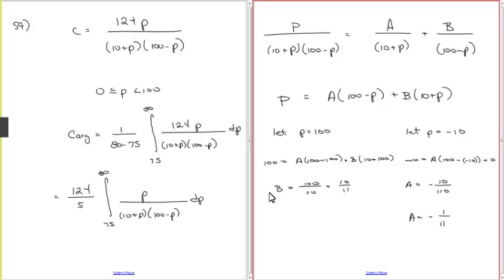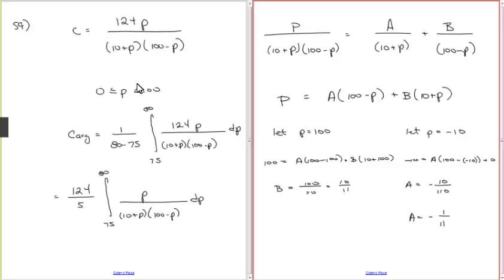We could solve for B. B was 10/11ths. We let P go to negative 10. Even though that's outside the domain, we can still do that in terms of the math part. When we actually apply it for the answer, it has to be between 0 and 100. So that'll allow that to go to 0, and we can solve for A, and we get negative 1/11th.